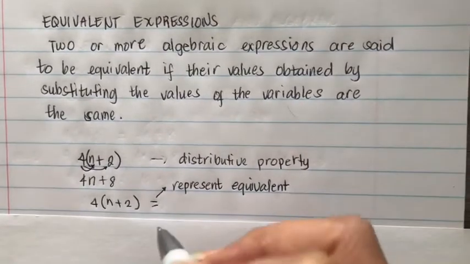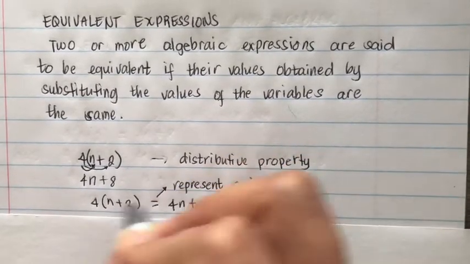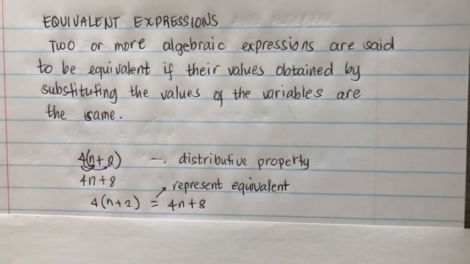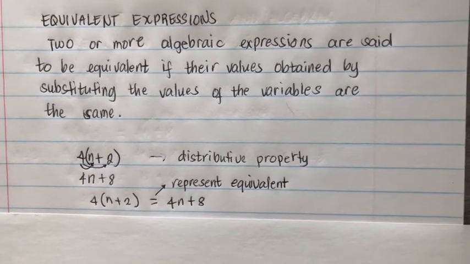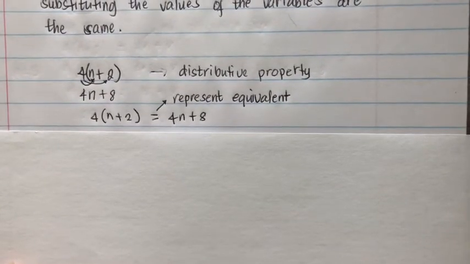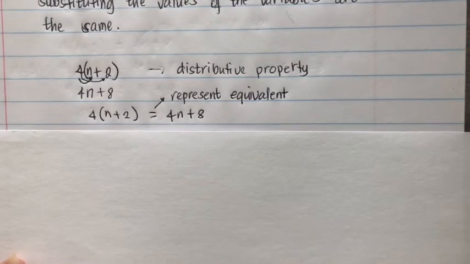So we can say that 4n plus 8 and 4 times quantity n plus 2 are equivalent. How are we going to prove that? It is said in our definition that if they obtain the same value, then they are equivalent.